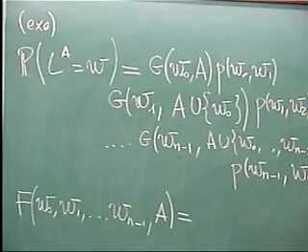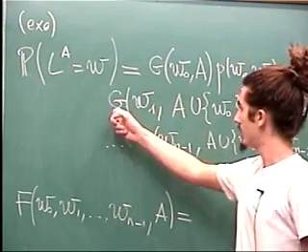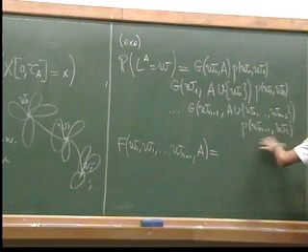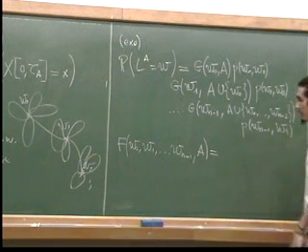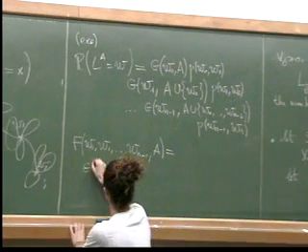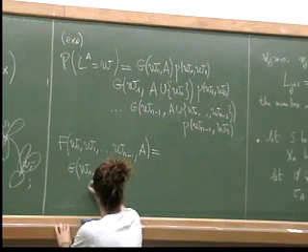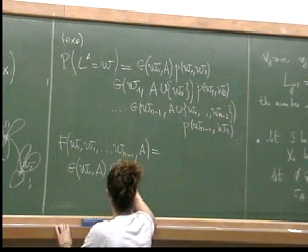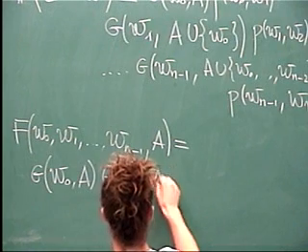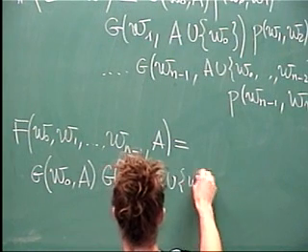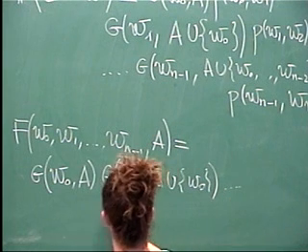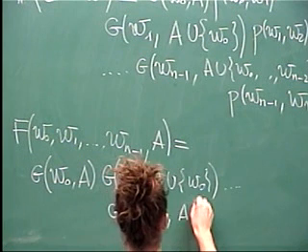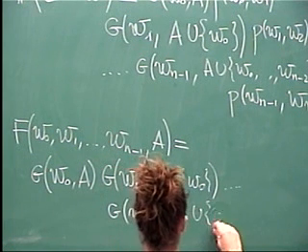Let's define this function f, which will be the product of all the quantities G introduced in this product, without taking account of the transition probability. So this is the expected number of passages on W0 without going to A, then of W1 without going to A, nor W0, and so on, up to Wn-1 without going to A or the other points. Okay?